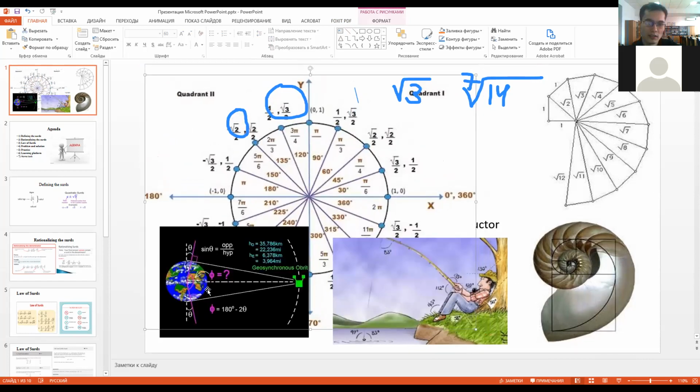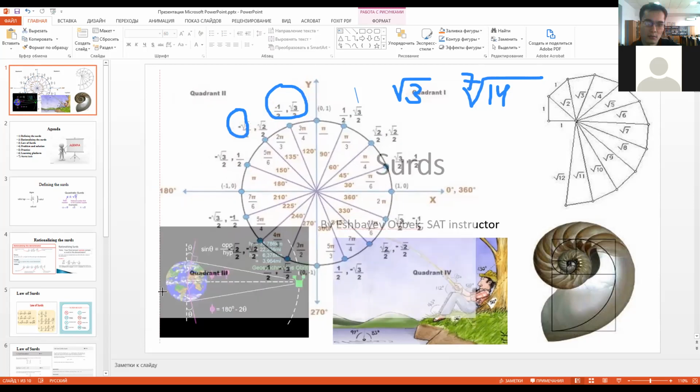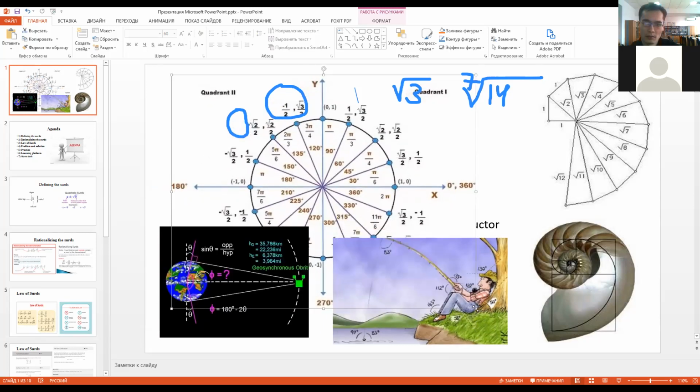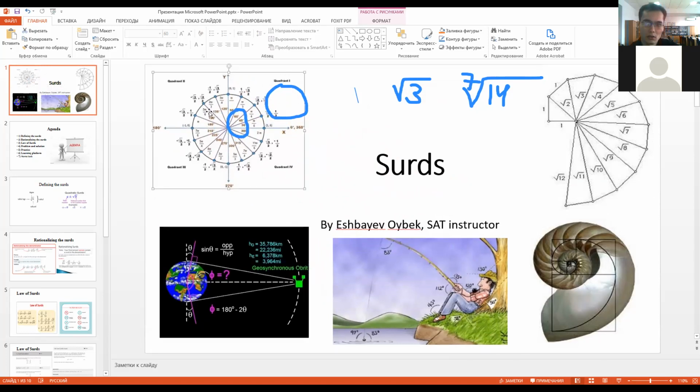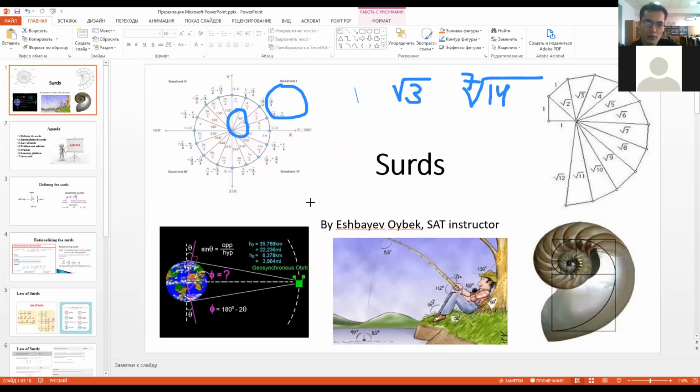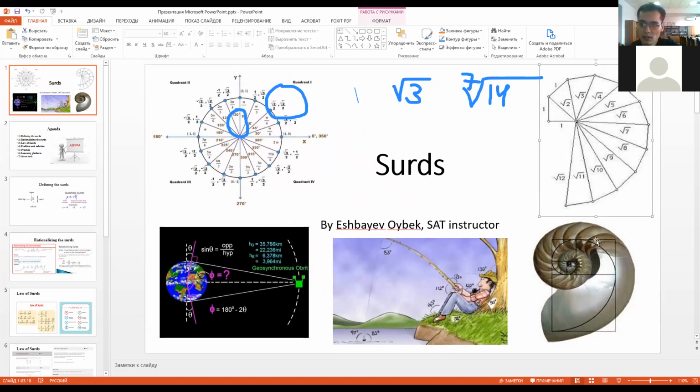And also in real life, in nature, you can see natural objects that are products of mathematics. For example, on the right side, you can see this one. What is this? Can you name it?